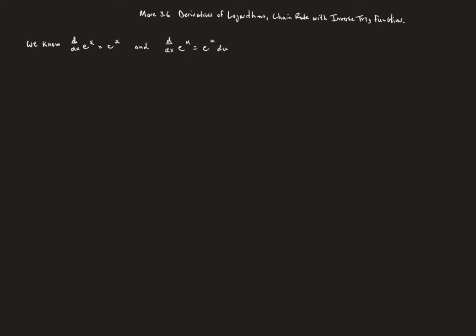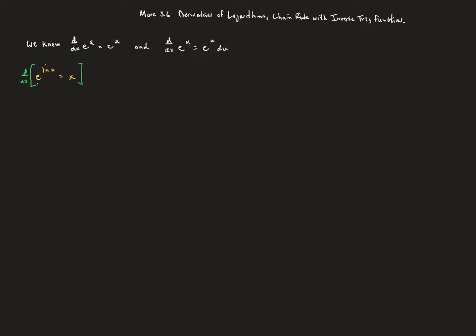So we also know that e to the natural log of x is equal to x because an exponential base Euler's number and a logarithm base Euler's number are inverses of each other, and so they cancel each other out. So now, this is kind of an interesting use of our chain rule.